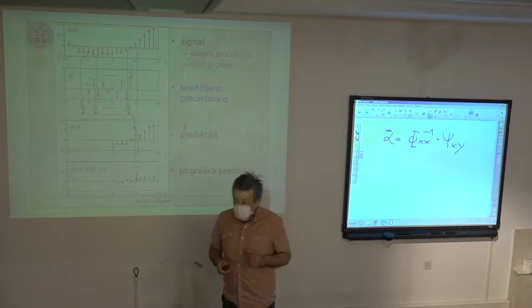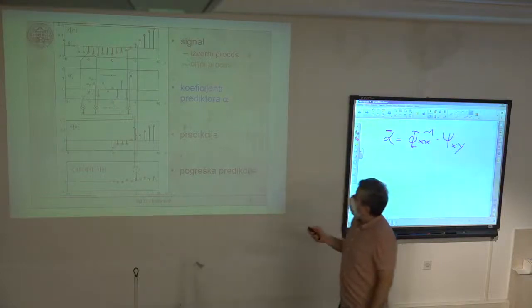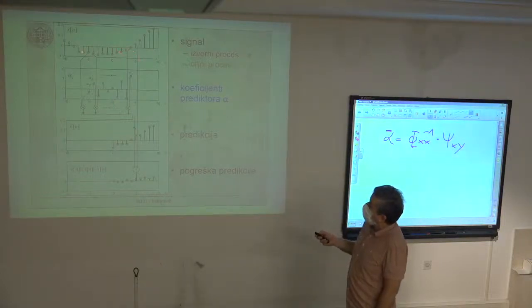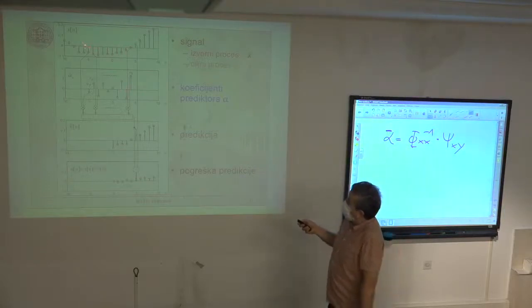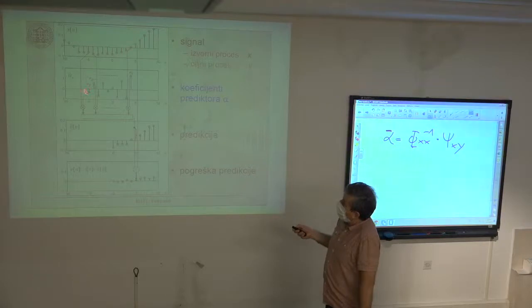How do I do this? I simply multiply each of these preceding samples with an optimally chosen prediction coefficient. So I multiply x of 4 with alpha 1, x of 3 with alpha 2, and then go to the last sample, x of -5. It will be multiplied by alpha p.